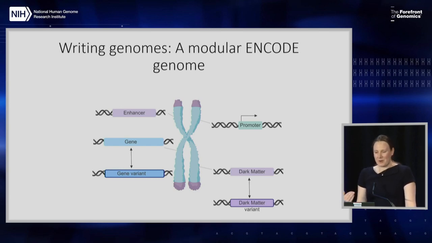And you could do this not only for one single location, but if every spot was switchable, you'd be able to start asking questions about diseases where there's many variants all playing a role. And you'd be able to look at variation in multiple enhancer locations, multiple gene locations at the same time.